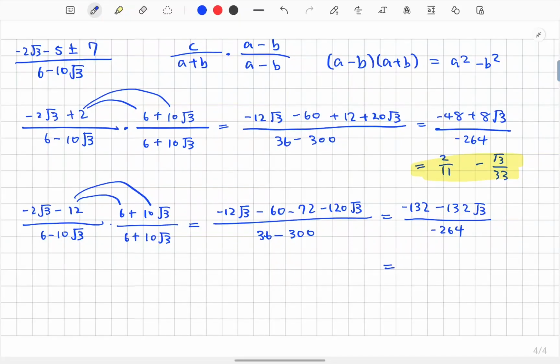By dividing the two terms in the numerator individually, we'll get positive 1/2 from negative 132 divided by negative 264. Then plus root 3 over 2 from negative 132 root 3 divided by negative 264. This is our second solution.